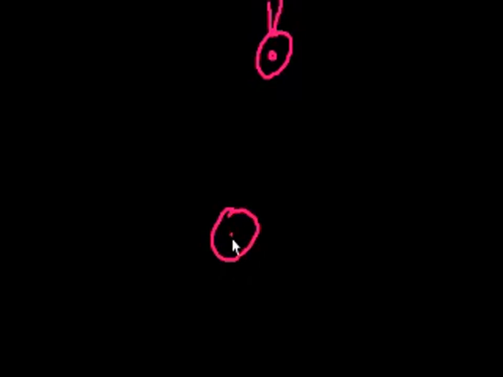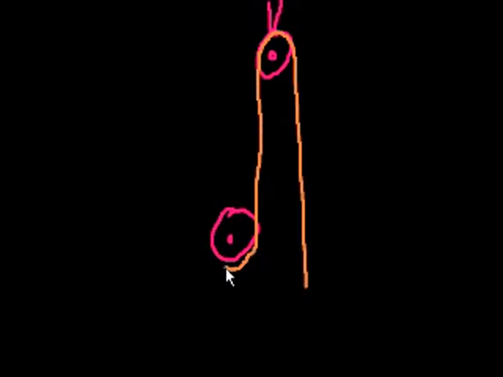Let me see if I can draw my rope in a good way. My rope starts going up like that, then it comes back down, comes around the second pulley, and now this end is attached to the ceiling up here. And the second pulley is where the weight is attached.